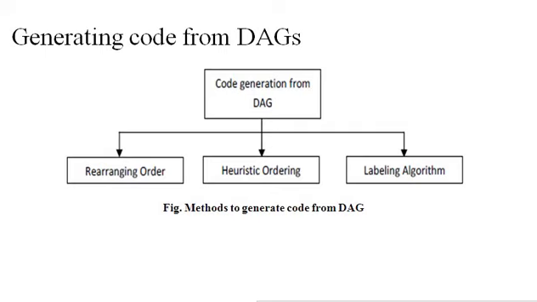For example, T1 is equal to A plus B, T2 is equal to C plus D, T3 is equal to E minus T2, and T4 is equal to T1 minus T3. So the code can be generated by translating the 3 address code line by line. First move value of A into R0. So move A comma R0.